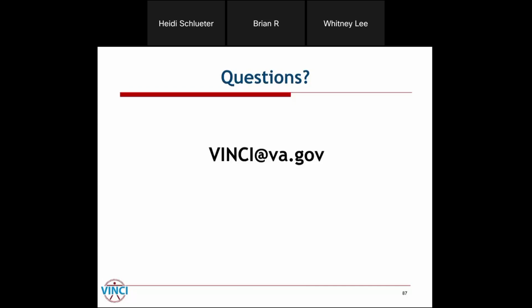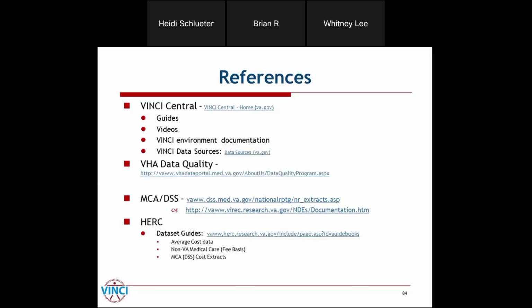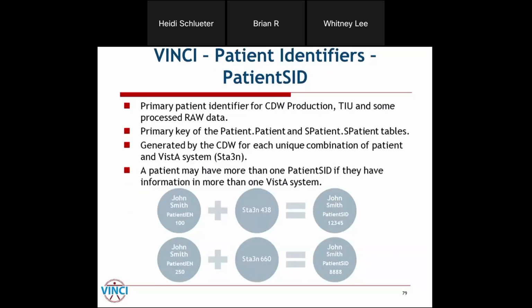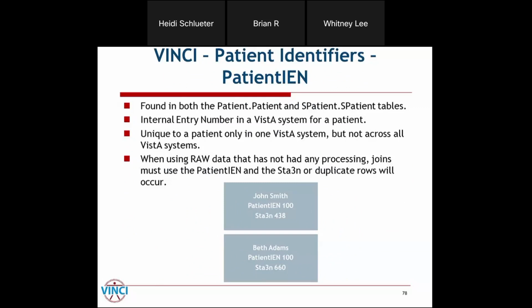Great question. So patient ICN is unique to a patient. One patient should only have one patient ICN, and one patient ICN should only refer to one patient. Let me see if I can back up here. I have a slide showing that on the IEN. Okay, so here we go. Patient IEN, however, is not unique outside of the station where it is assigned.